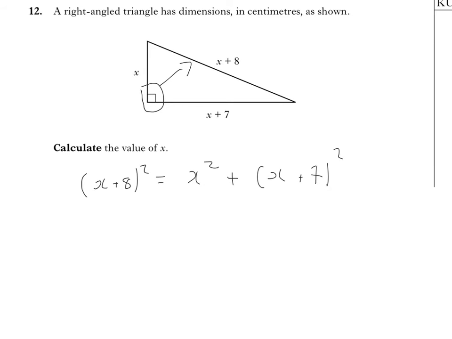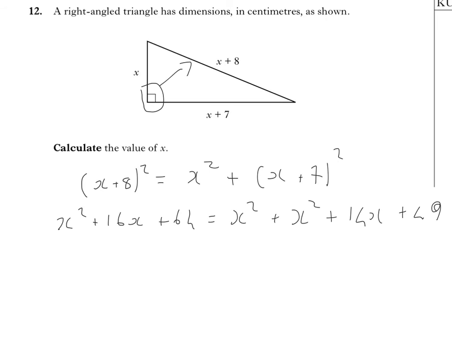Remember, it's a repetition of the bracket when it's a squared bracket, and here we've got x plus 8, so whether that's FOIL method or some other method to expand that out, but that would be x squared plus 16x plus 64 is equal to x squared plus 14x plus 49, and if you need to go to the side to expand that out and take your time, you should do that.